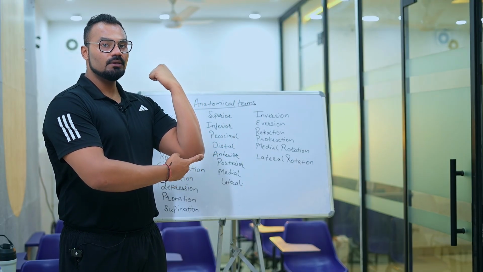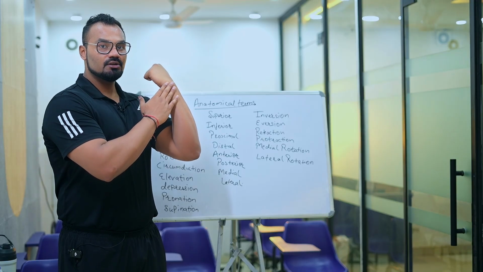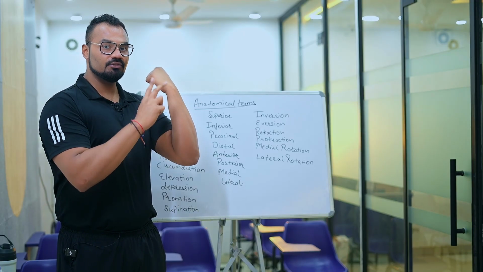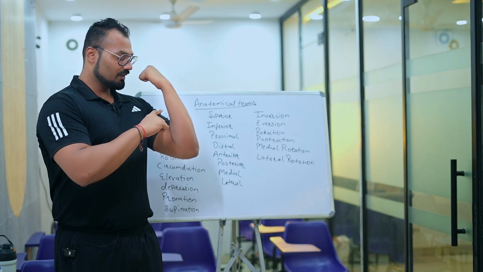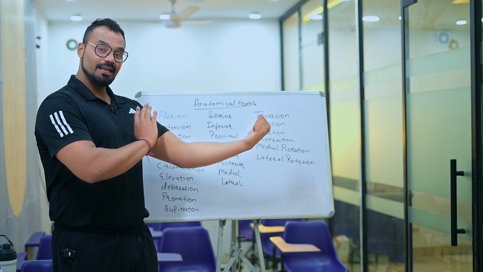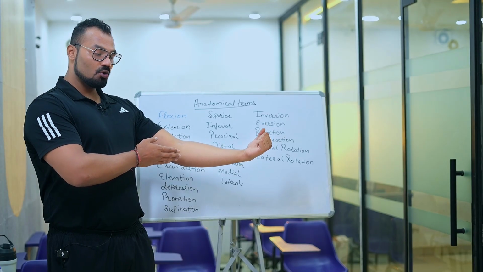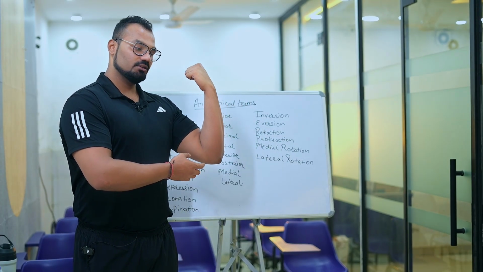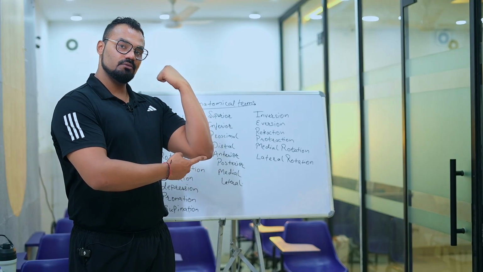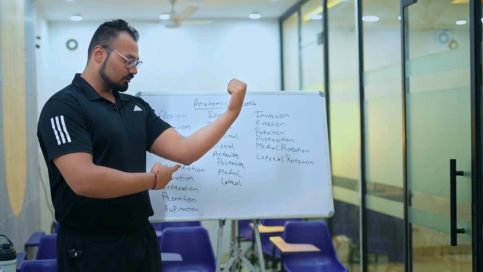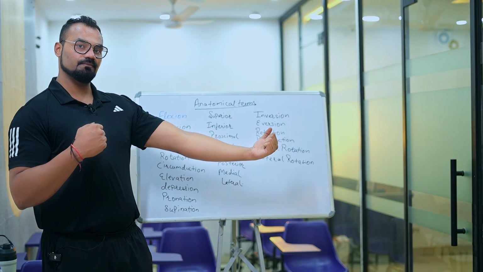And as soon as I finish my flexion movement, the opposite of it, which is the second movement, extension, starts. The angle between two bones increases. So when the angle between two bones decreases, that means the joint is performing flexion, and when the angle between two bones increases, that means the joint is performing extension.